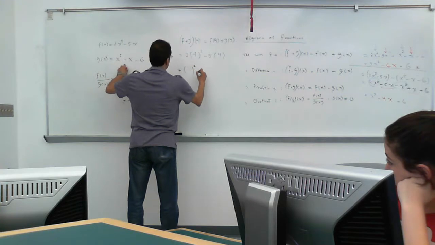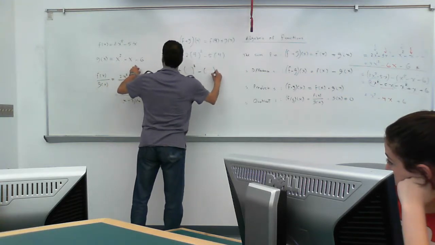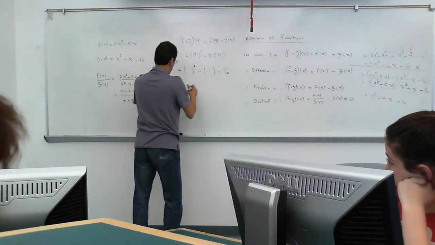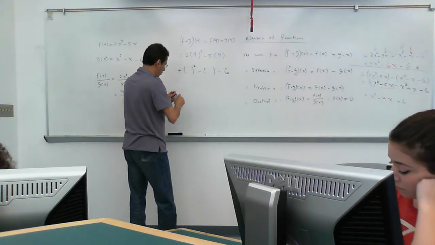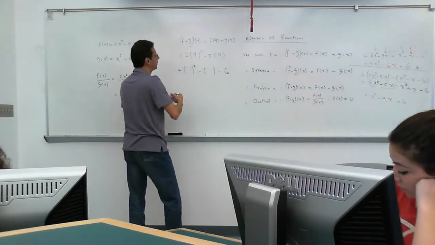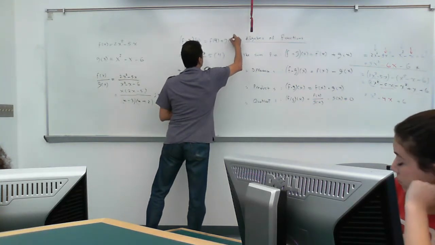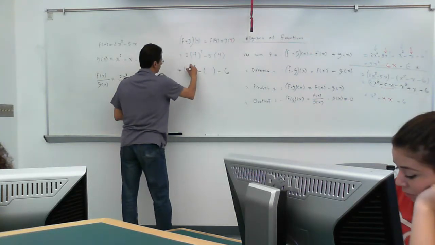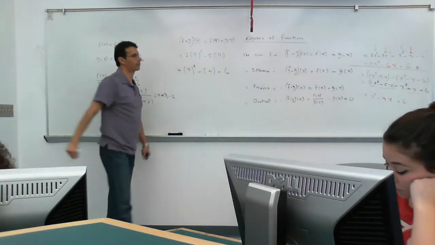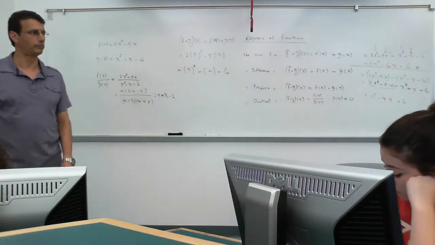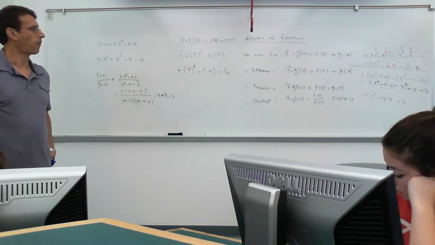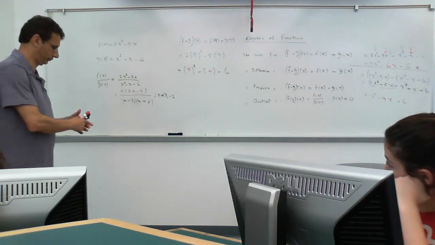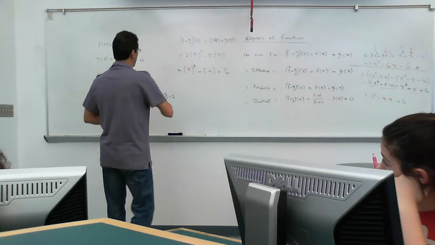X squared minus x minus 6, and again, the same 4. The reason I'm going to use a different color is because I'm going to the g function now. Does that work for everybody? All right, let us evaluate.